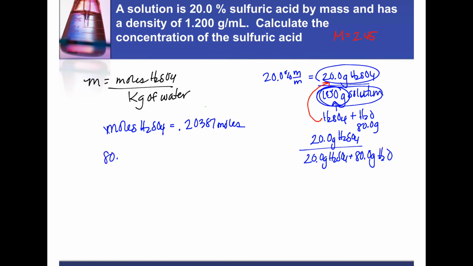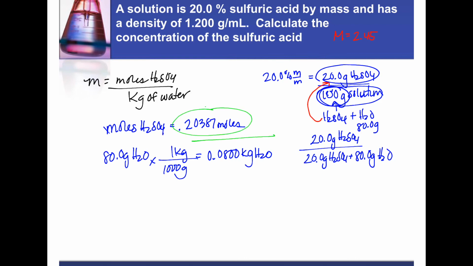So 80 grams of water. There are 1,000 grams in 1 kilogram, and so that's 0.0800 kilograms of water. Now I have my moles, and I can divide it by my kilograms. When I do that, I get 2.55 molality.